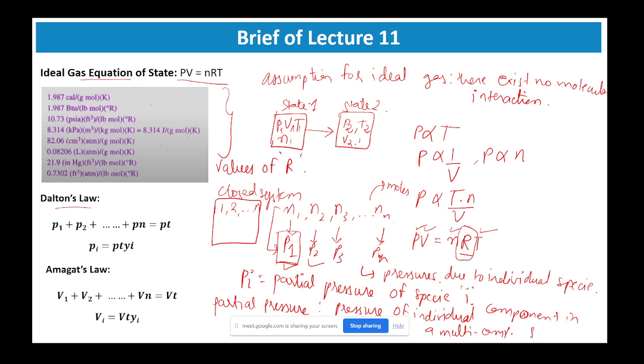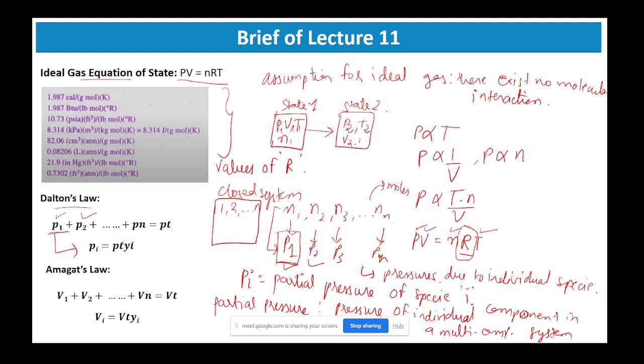So now if you have Pi as the partial pressure of each species, then what will be the total pressure? In that case, the total pressure will be nothing but the addition of all the pressures, because pressure is an additive term. Now, how is any Pi calculated?